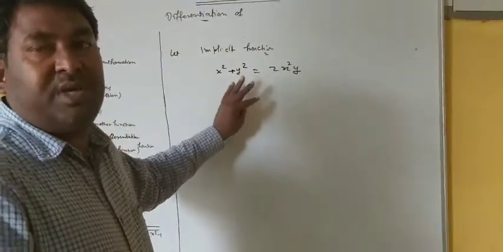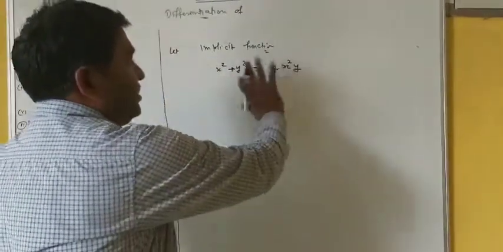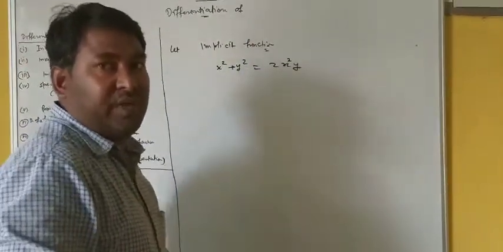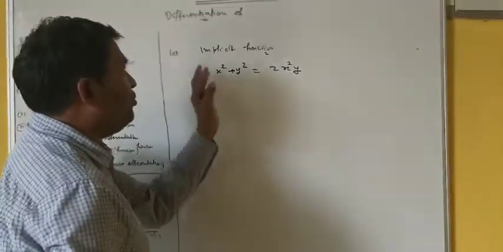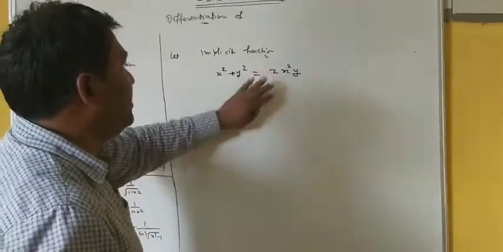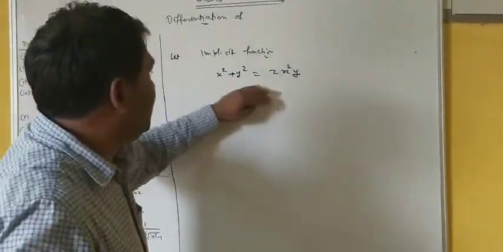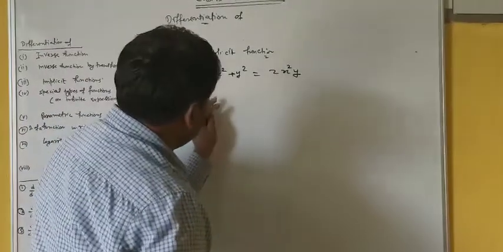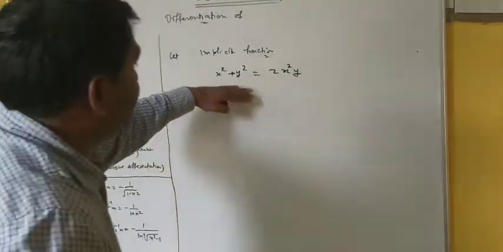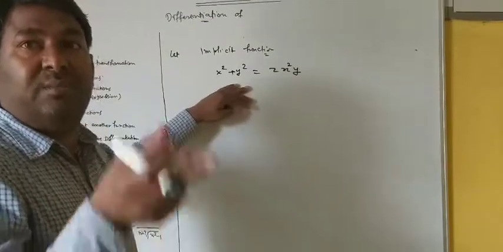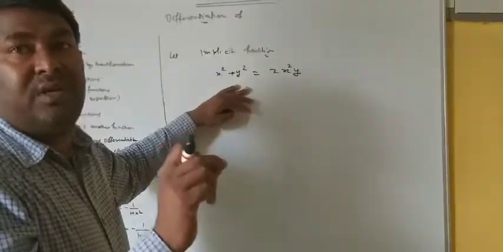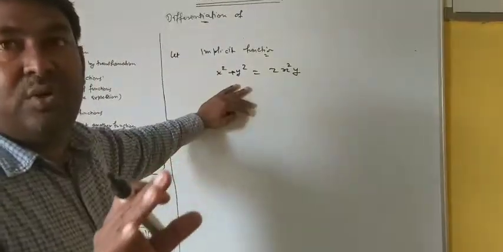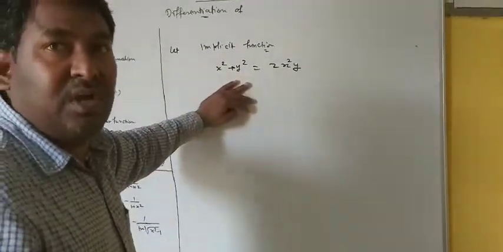You cannot adjust it so that you can find y as a function of x. In this situation, how will you find the derivative, meaning dy by dx, of such a function? Then what do you have to do? You have to differentiate both sides, each and every term with respect to x.